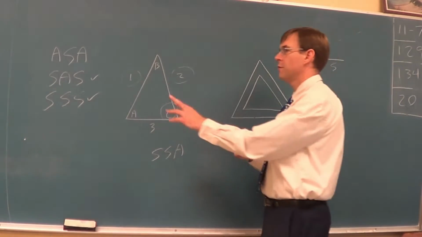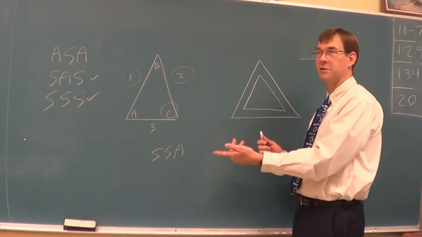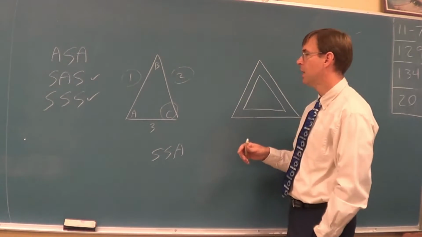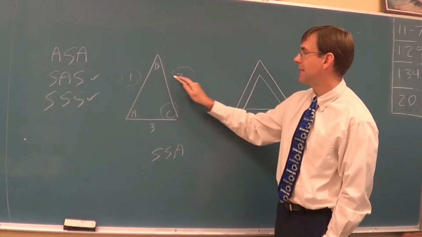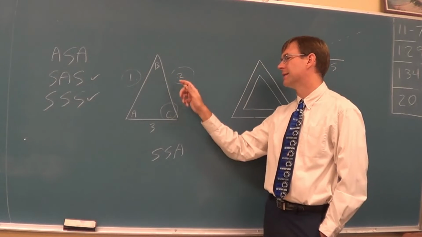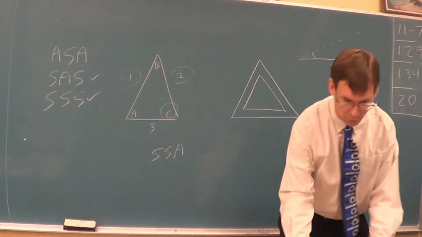Or these are reversible, but that one, due to profanity reasons, we would not want to reverse. But this would be an SSA kind of picture. If I tell you about 2 sides and tell you about an angle that's not included, that's not enough for you to be sure what the shape is.